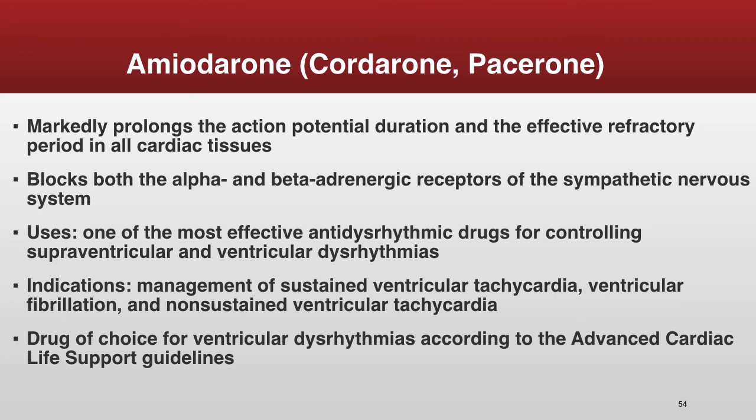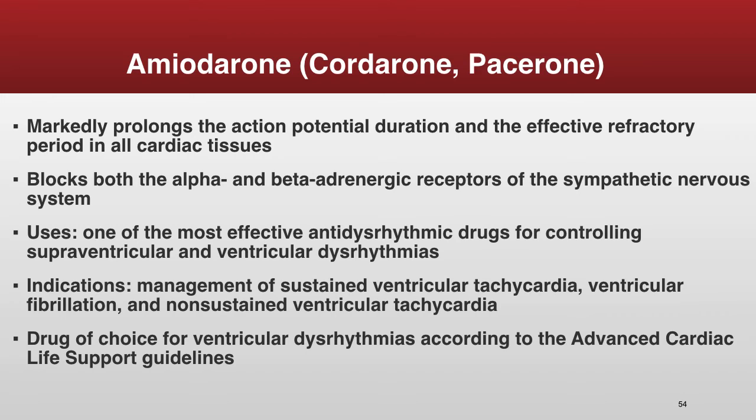Amiodarone markedly prolongs the action potential duration, that is the APD, and the effective refractory period, or the ERP, in all cardiac tissues. It blocks both the alpha and beta adrenergic receptors of the sympathetic nervous system. It's one of the most effective antidysrhythmic drugs for controlling supraventricular and ventricular dysrhythmias.